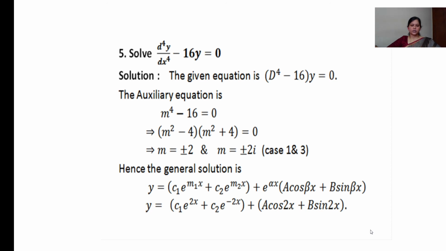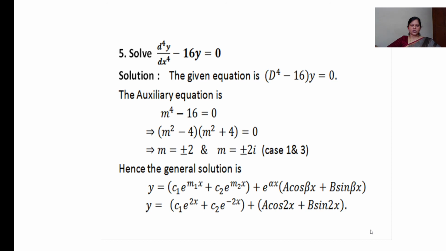So now the general solution of the given equation is y = c1 e^(m1x) + c2 e^(m2x) + e^(αx)(A cos βx + B sin βx). In this formula we are going to substitute the m1 value, m2 value, alpha value and beta value.